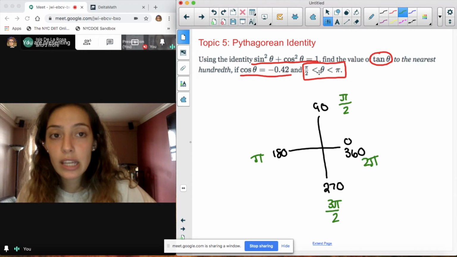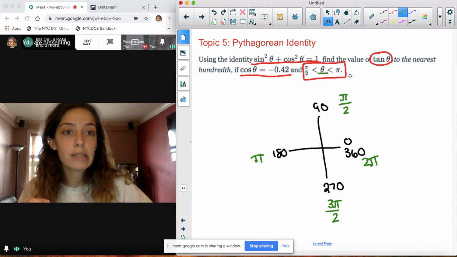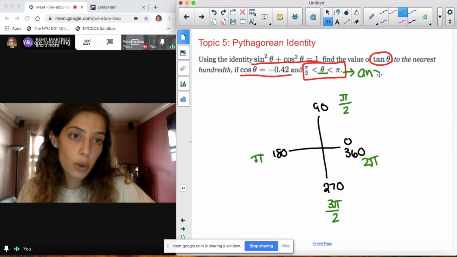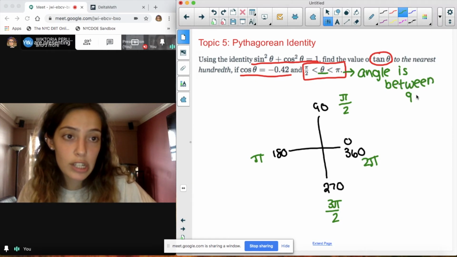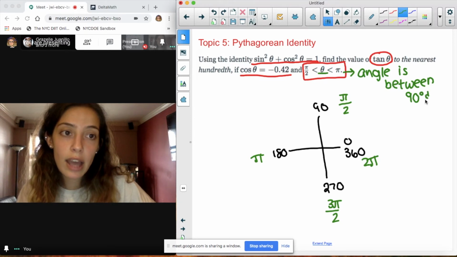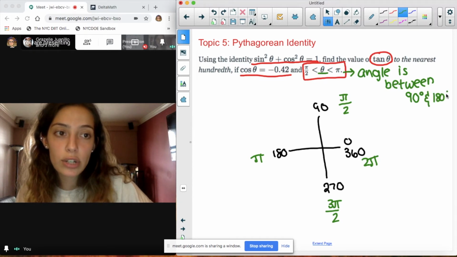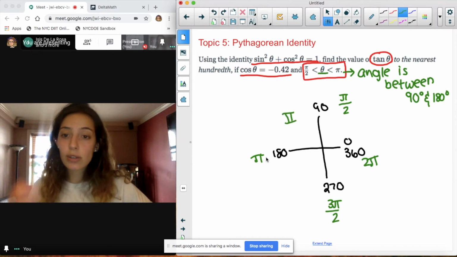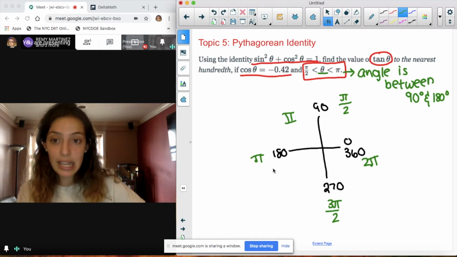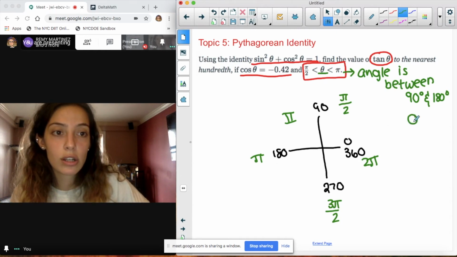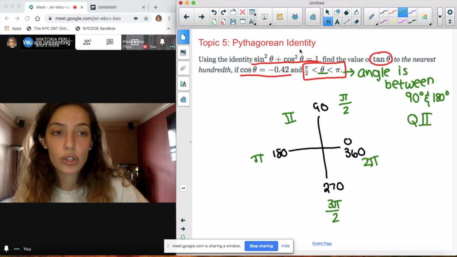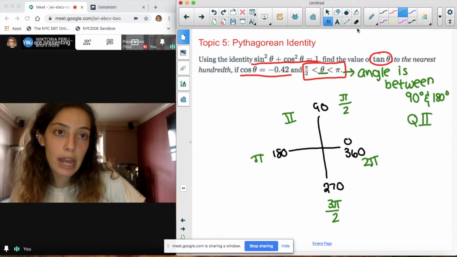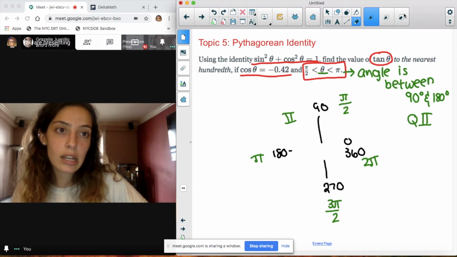So what they're telling us here is our angle theta is between pi over 2, which is 90 degrees, and pi, which is 180 degrees. So it's saying that it's over here in quadrant 2. So instead of telling you the exact quadrant that it's in, it's giving you a little bit extra. So we're in quadrant 2. We'll just leave that there, but I am going to erase this work in the middle.